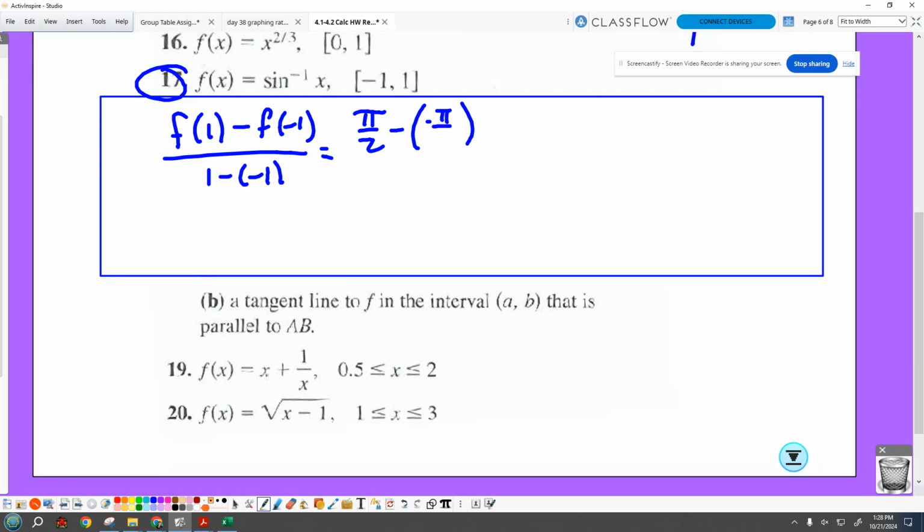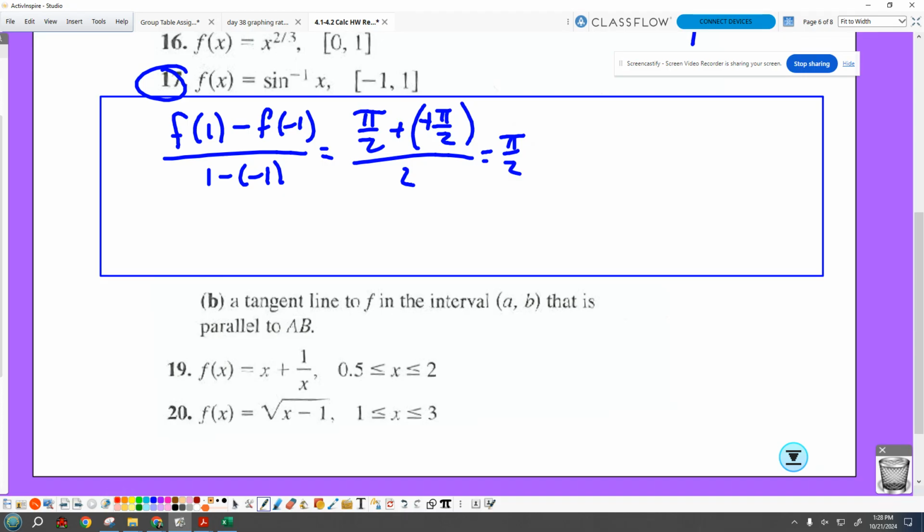Negative pi over 2. And 1 minus negative 1 is not 0. It is 2. So pi over 2 plus pi over 2 is pi, then divided by 2, okay, ends up being pi over 2. So that's the average.